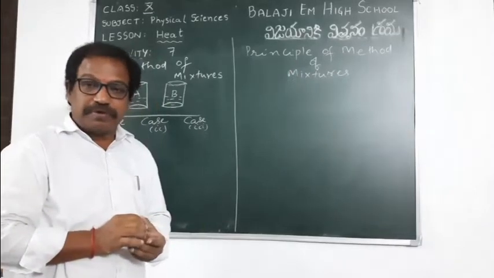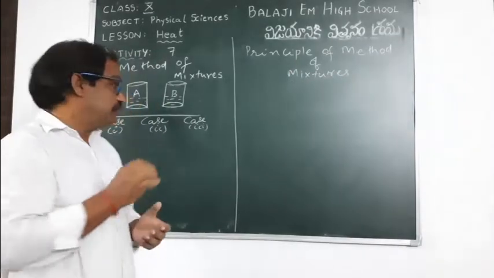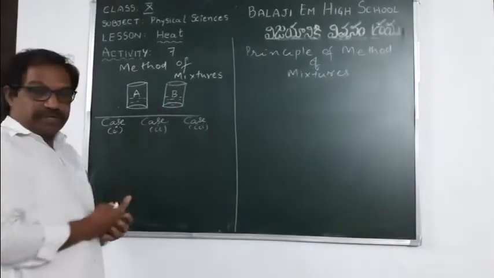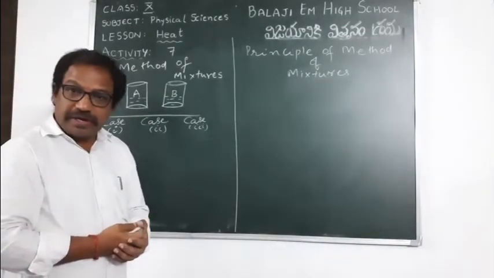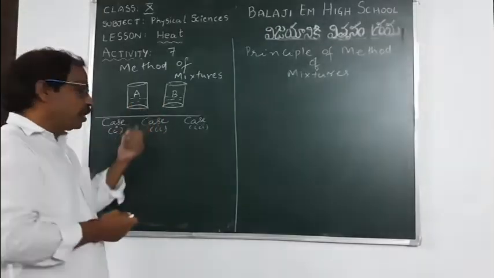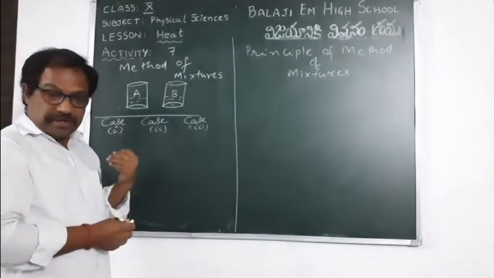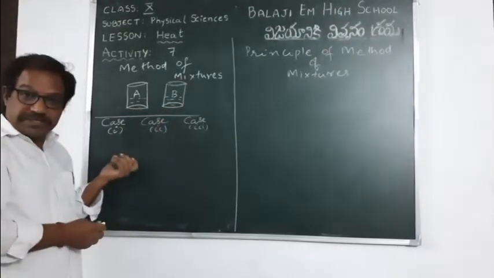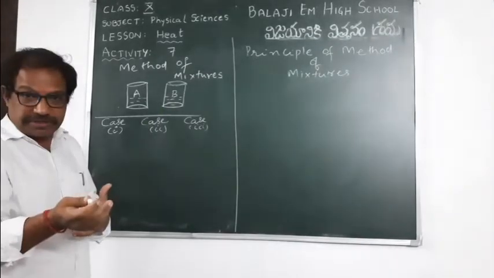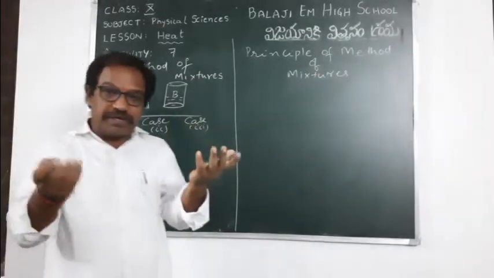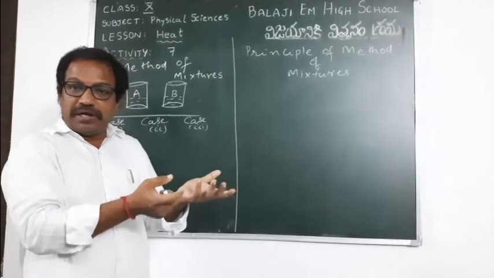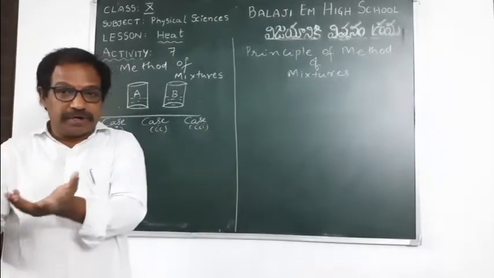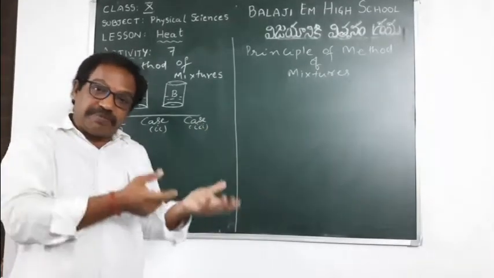Suppose you have taken two beakers A and B. In case 1, or situation 1, you take two equal masses at equal temperature, that means one beaker with 100 ml and another beaker also with 100 ml, at the same temperatures.